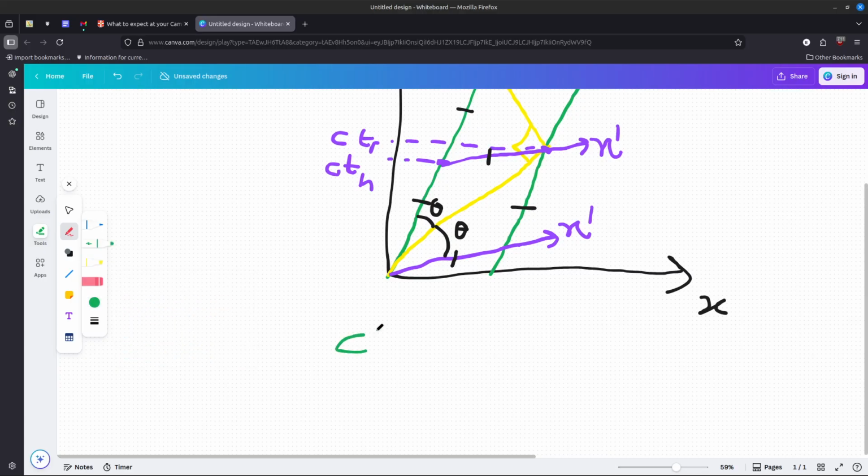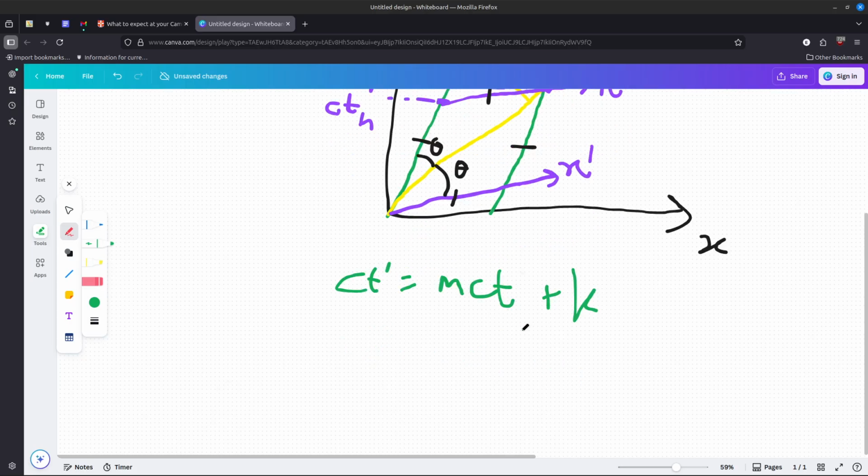This line CT prime can be some gradient of CT plus a constant, and then x prime will have that same gradient but times x plus some constant.